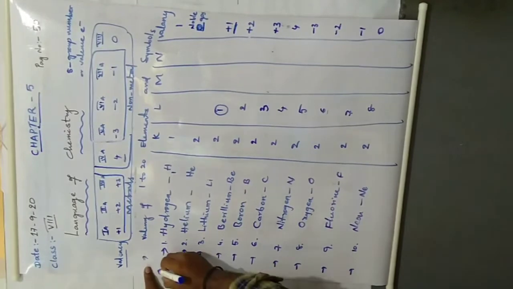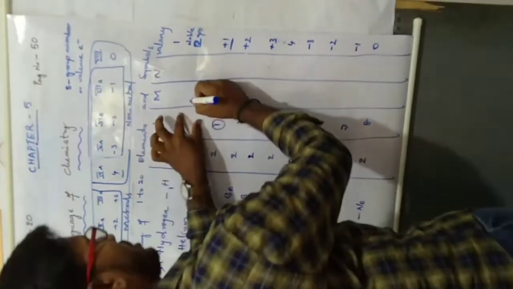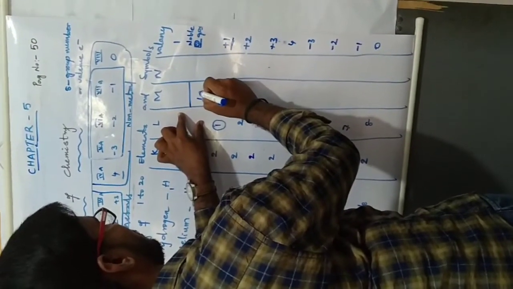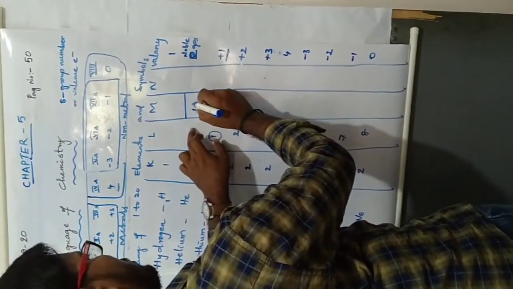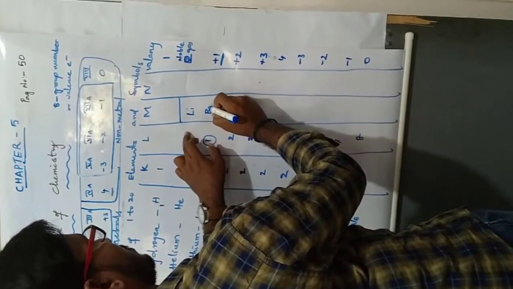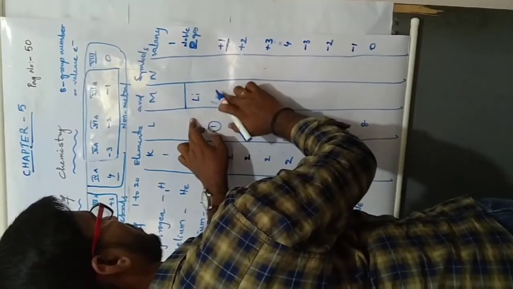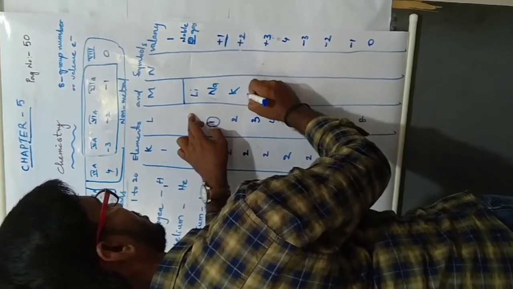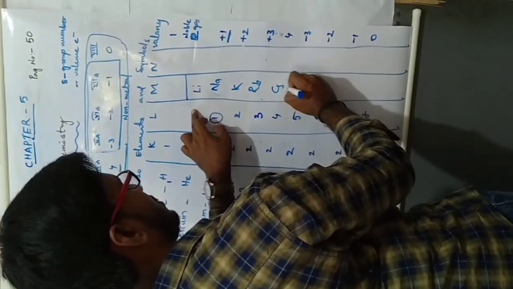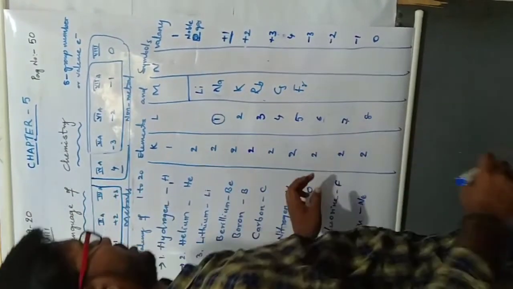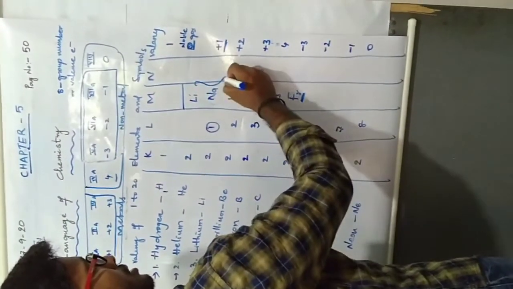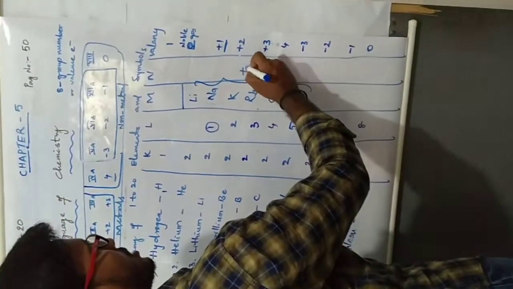Don't get confused. First A group: lithium, sodium, potassium, rubidium, cesium, francium. All first A group elements have valency +1.